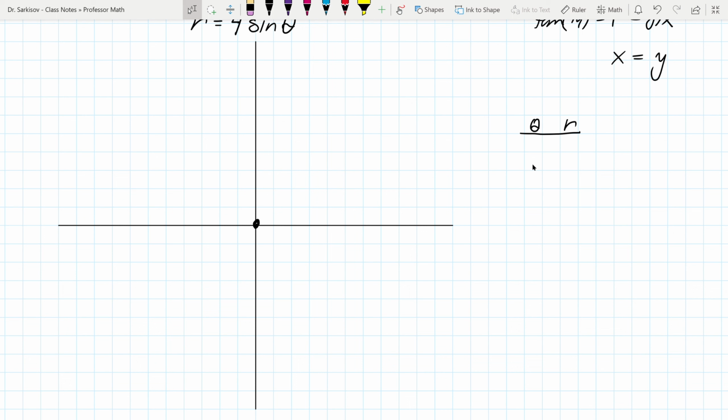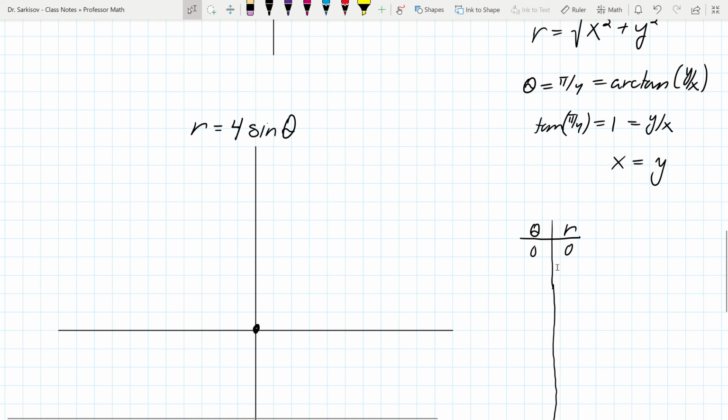I usually do r after theta, even though the polar coordinate is usually represented by r theta, right? But so 0 gives me a 0. What's 4 sine of, let's say, some easier angles like 30 degrees or pi over 6, right? Well, what's 4 times that? That's 4 times a half, which is 2. 4 times sine of pi over 4 is 2 root 2. You can check these. 4 times sine of pi over 3 is going to be 2 root 3, okay?